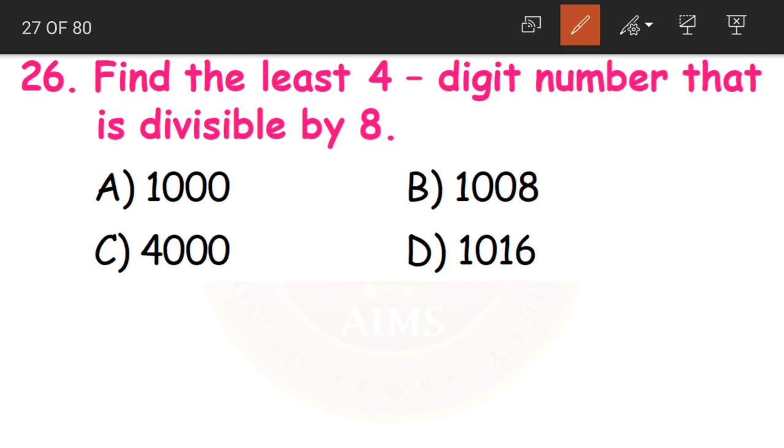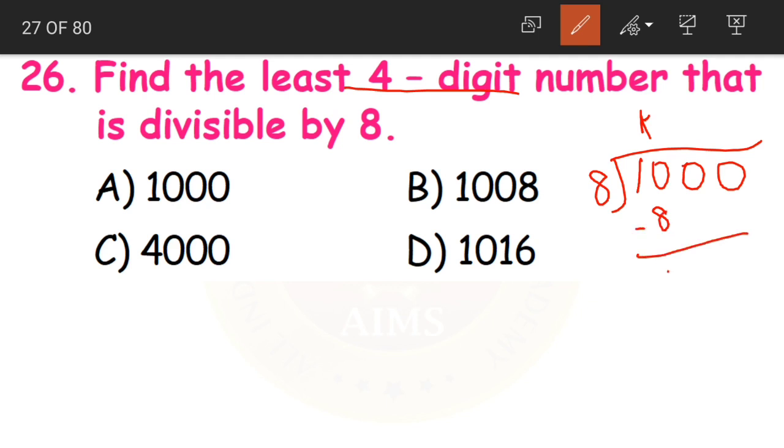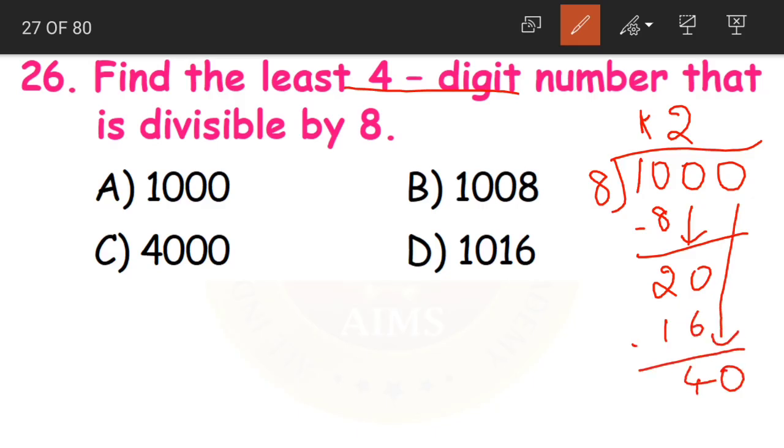Or the actual way of solving this is, what is the least 4-digit number? 1000. Yes or no? So first we have to divide 1000 by 8. Yes, first we need to check whether 1000 is divisible by 8. We have 8 ones are 8. When we subtract, 2 is remaining, 0 brought down. 8 twos are 16. When we subtract, 4 is remaining, 0 brought down. 8 fives are 40.